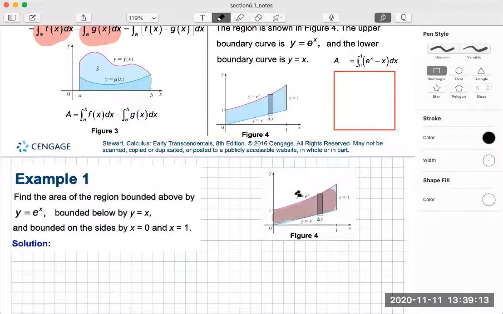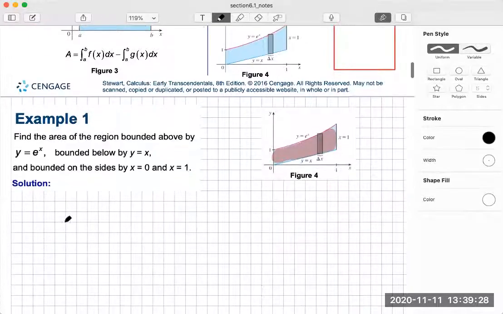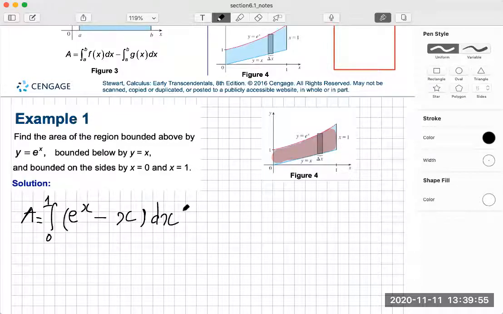From the formula above, the area of this guy will be the integral from 0 to 1 of the difference f(x) minus g(x), where f(x) is e to the x minus g(x) is x, dx.